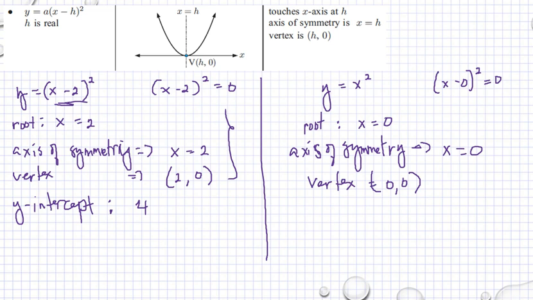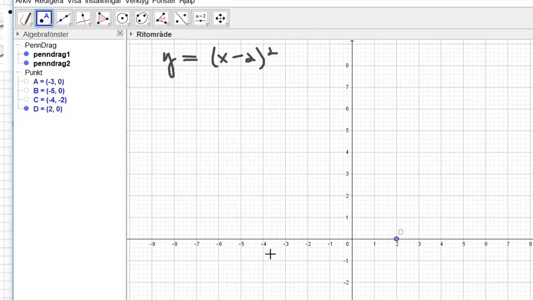Because negative 2 squared is 4. Then the y-intercept will be, where is that now? There you go. It will be 4 here. And this is the axis of symmetry.